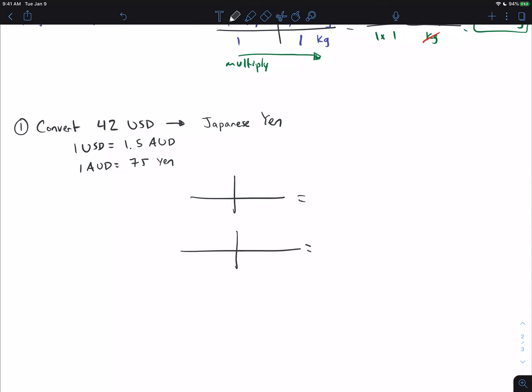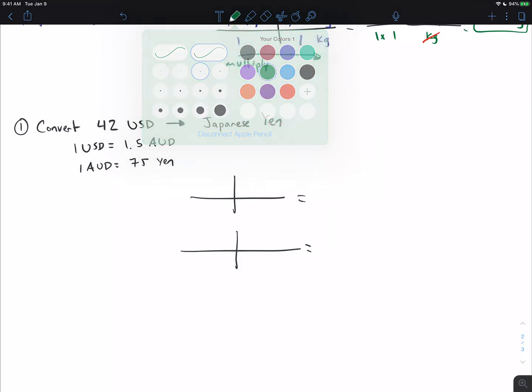In this example, I want to convert 42 US dollars to Japanese yen. But for some reason, just an artificial situation, I can't convert this directly to Japanese yen. First, I have to convert it to Australian dollars, and then from Australian dollars, I can convert it to yen. So I'm going to do 2 conversions here, the same way that we did before.